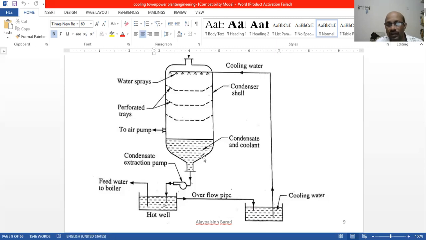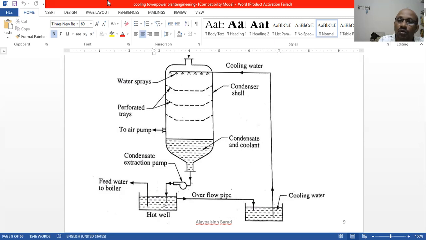We have not discussed this: if the hot well overflows, meaning the level in the hot well tank is more than the water, that water flow will go to the cooling water. One more chamber we are providing, and then we are sending it on.